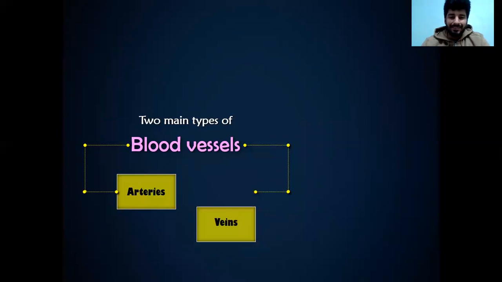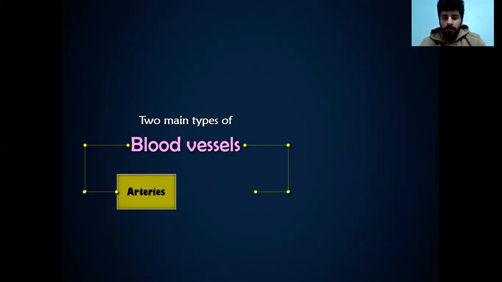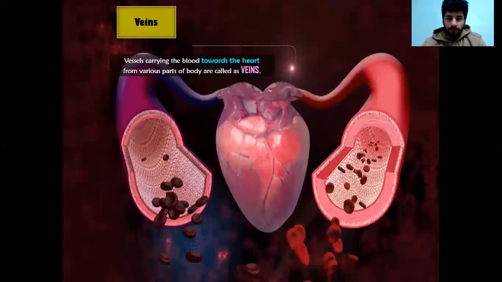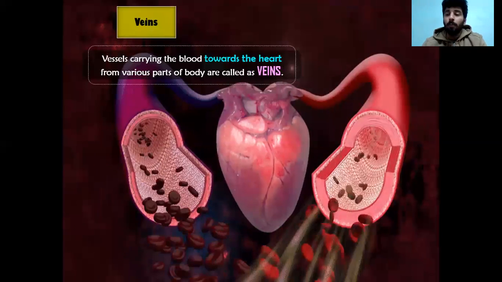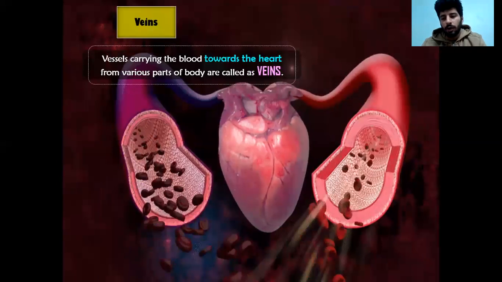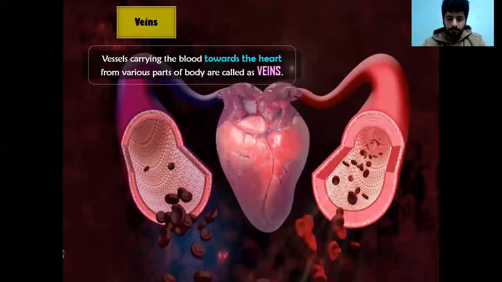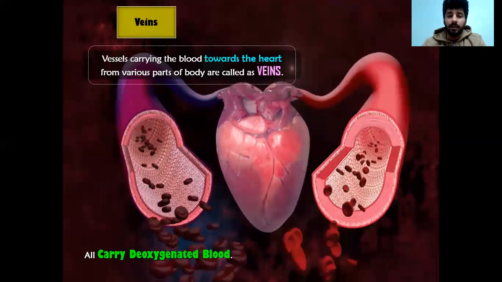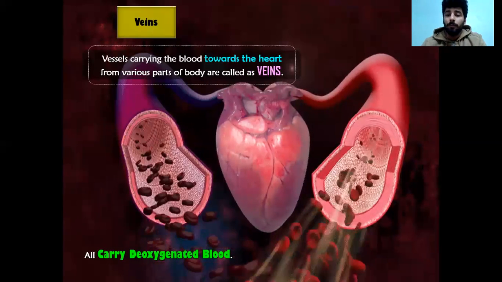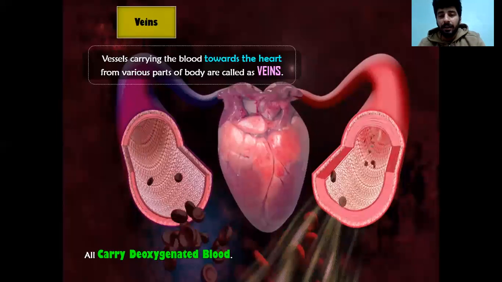Now we come to veins. We have understood arteries as a concept, that arteries take the blood away from the heart. So the veins will do the opposite, that is, bring blood to the heart. The blood vessels carrying blood towards the heart from various parts of the body are called veins. Obviously, because it is coming from various parts of the body, they are going to have deoxygenated blood.